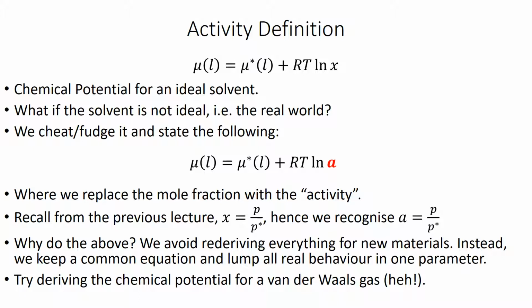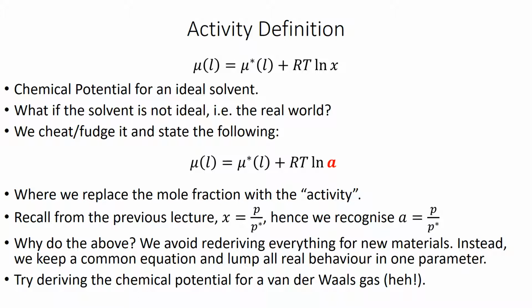What we do is we cheat or we fudge this equation, and we state it as the following. The chemical potential of a liquid is equal to that of the pure state plus RT log a, where I've colored it in red, a. The mole fraction gets replaced with the term activity.